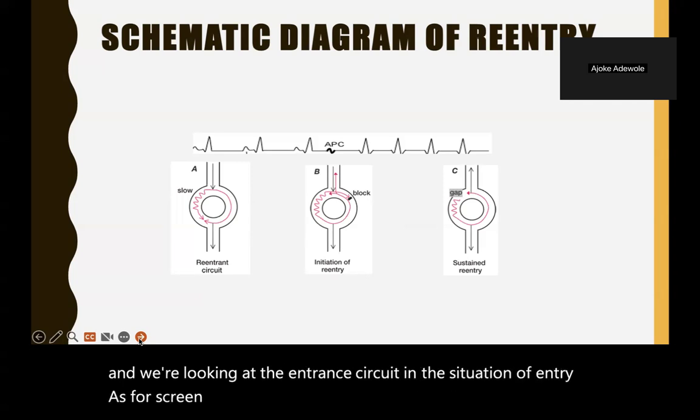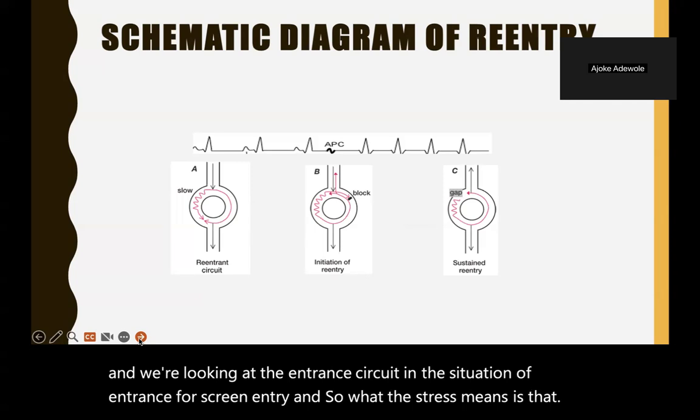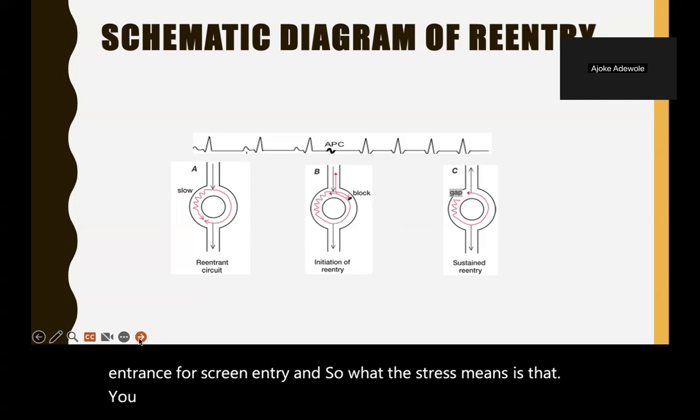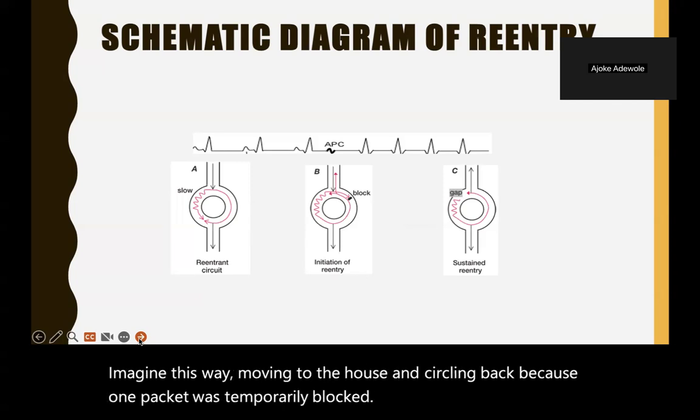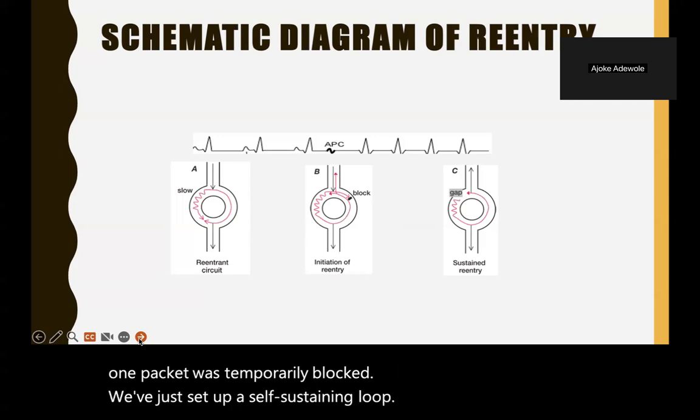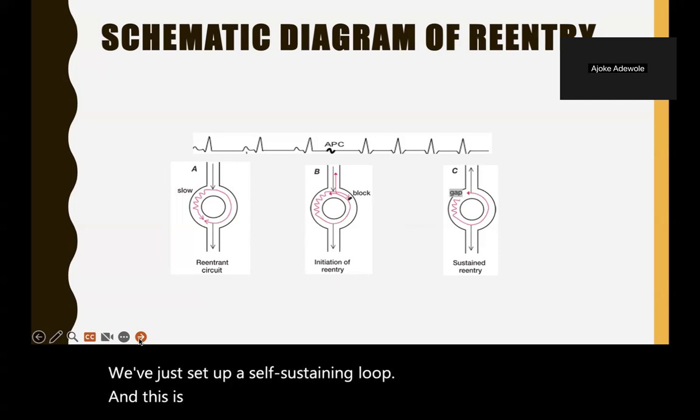And so what this just means is, imagine this wave moving through the heart and circling back because one pathway was temporarily blocked. So it just sets up a self-sustaining loop. And this is the electrophysiological basis of atrioventricular node reentrant tachycardia, Wolff-Parkinson-White syndrome, and more.